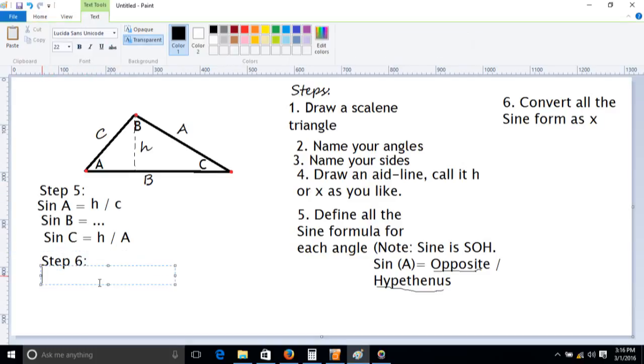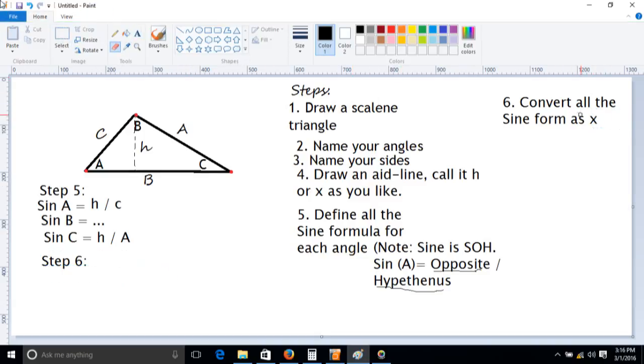No, this is not X, sorry. We use variable H right here, instead of X, so convert sine formulas as H, and we define H, not X, as the name of our height line.